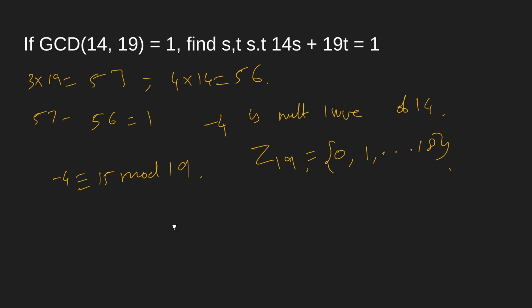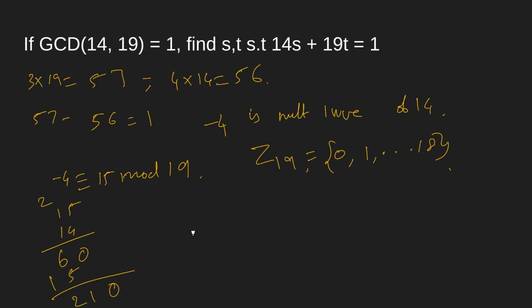We are saying that negative 4 is the multiplicative inverse, which means 15 should be the multiplicative inverse of 14. We can verify that also: 15 times 14 is 210.